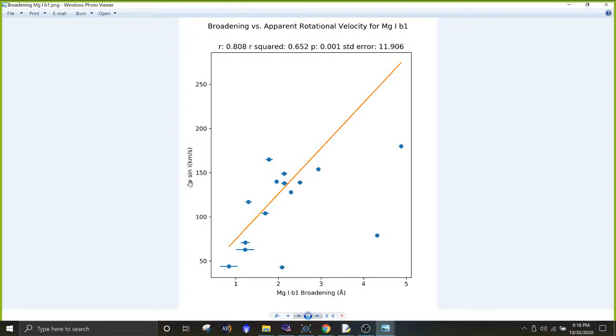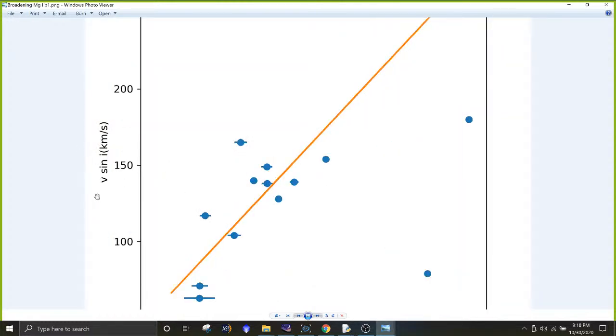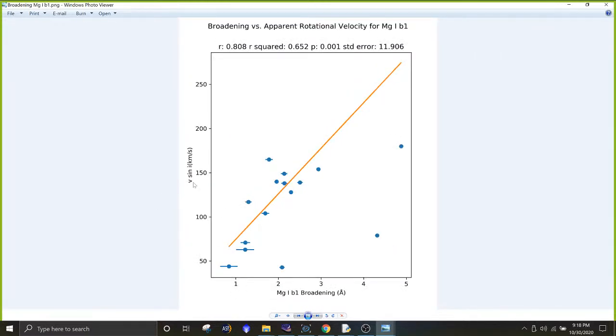That's why this particular axis is called v sin i. It's basically apparent rotational velocity based on an angle i, which we don't actually know, and v is the actual velocity. For some stars we're able to find that out using a variety of techniques, but usually when we look at the rotational velocity, it's mostly apparent.